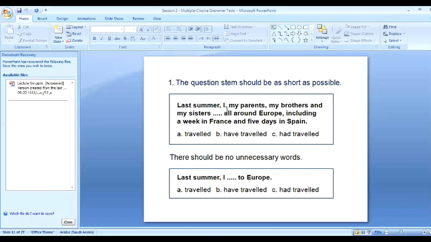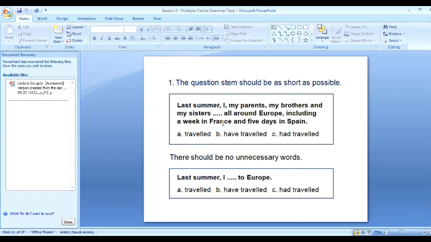"Last summer, I, my parents, my brothers, and my sisters all around Europe, including a week in France and 5 days in Spain." A, traveled; B, have traveled; C, had traveled. There should be no unnecessary words. Here the stem is very long, not short.